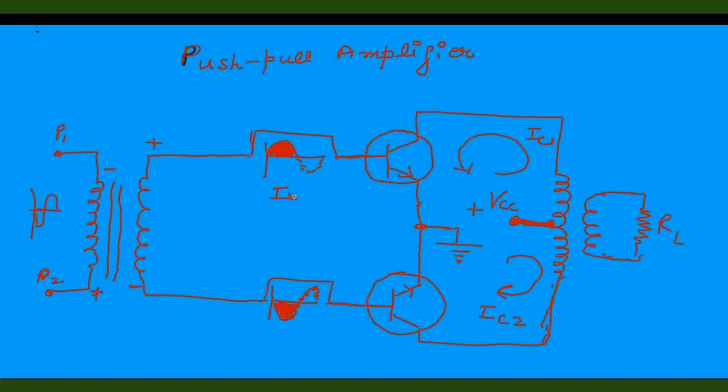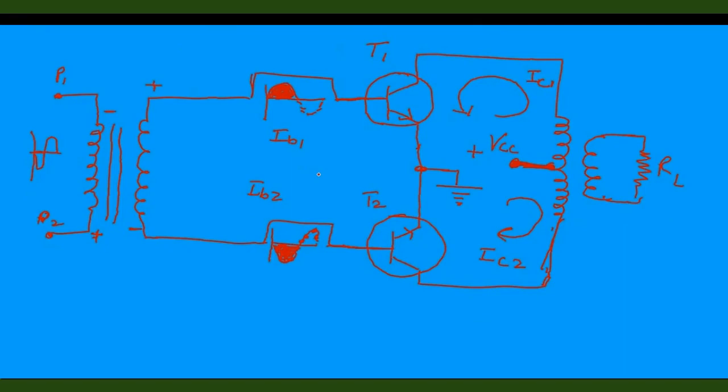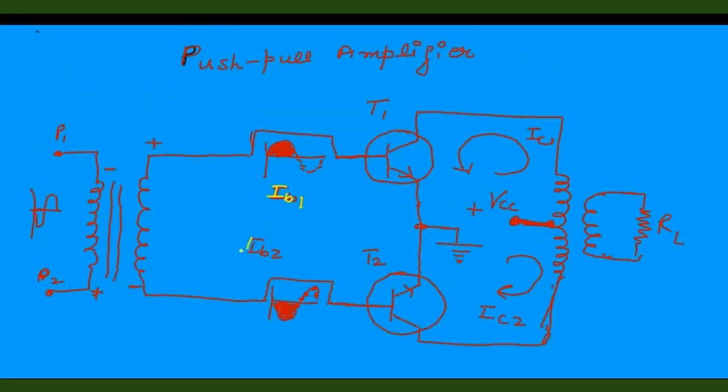The base of the upper transistor becomes positive. If the base is positive, the transistor T1 works and gives the current as shown, and the lower transistor at that time remains off because its base is negative.